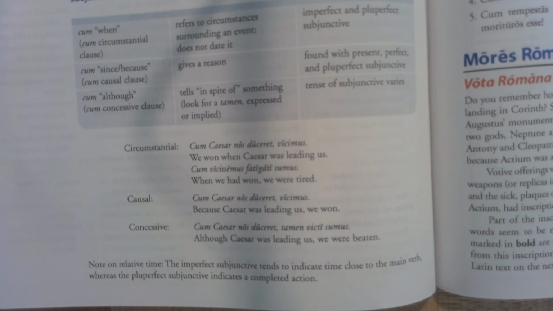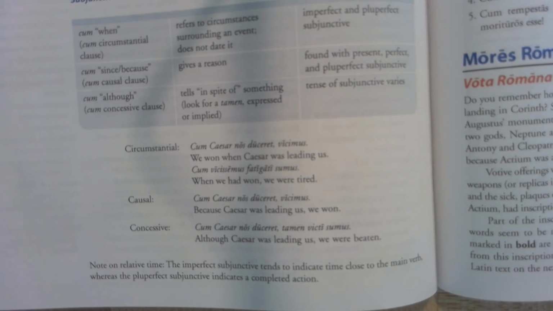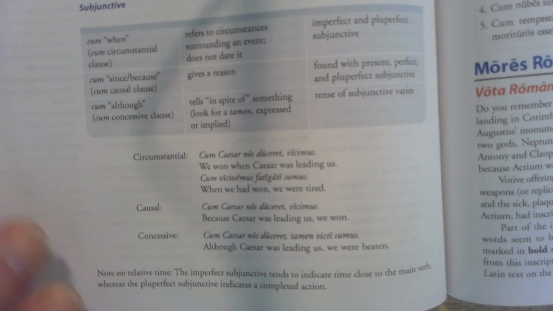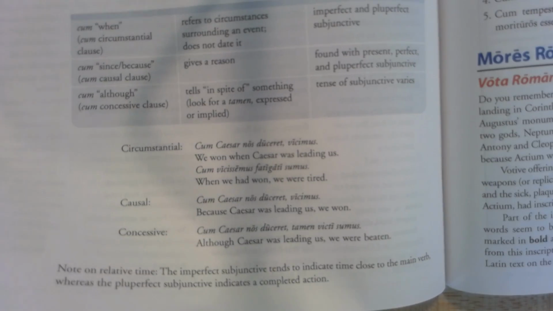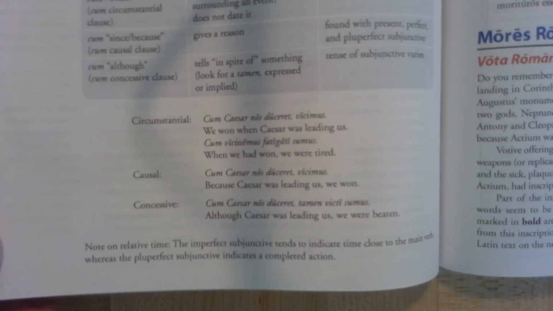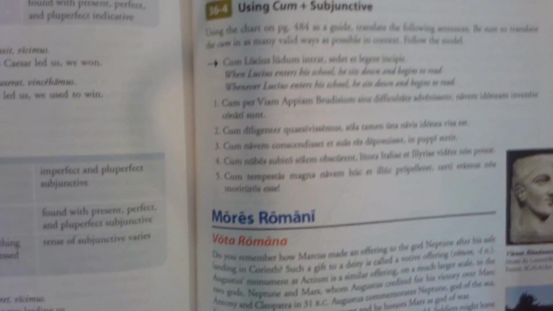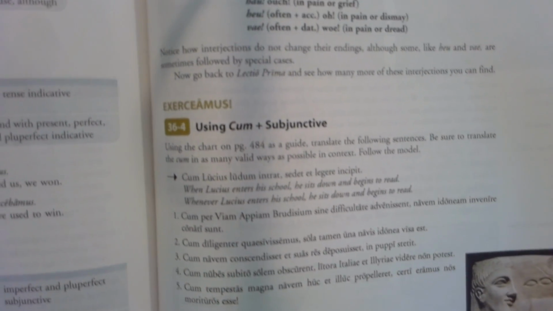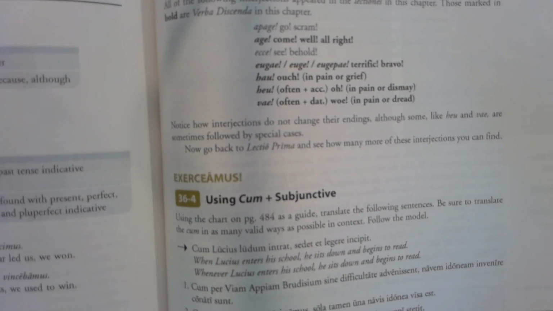You could even throw nevertheless in there. Although Caesar was leading us, nevertheless, we were beaten. So with that, you can see that these are not always exactly as you might think. You've got to think about what you want to say and translate accordingly.